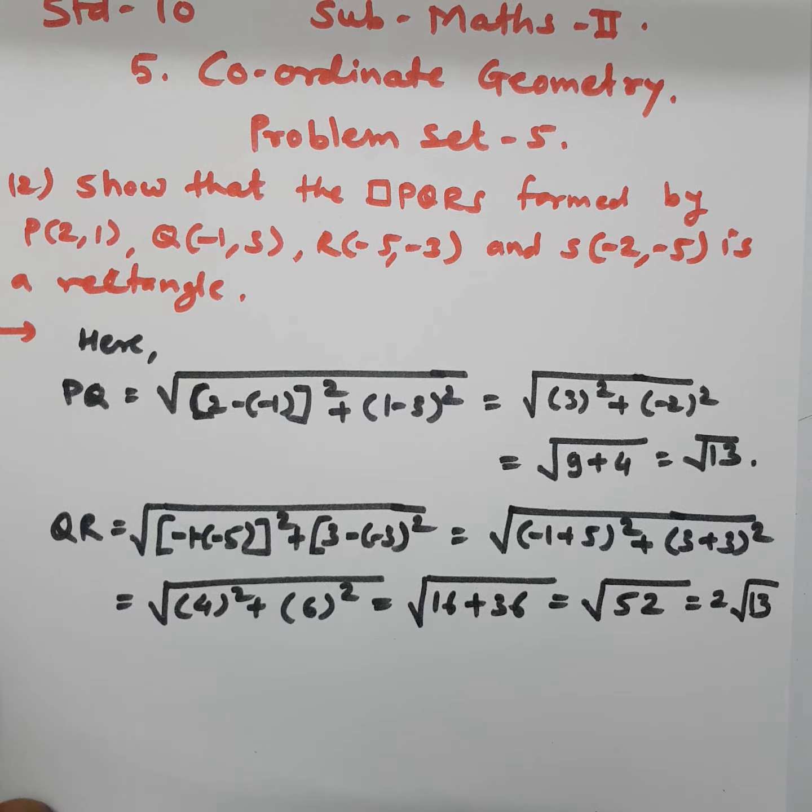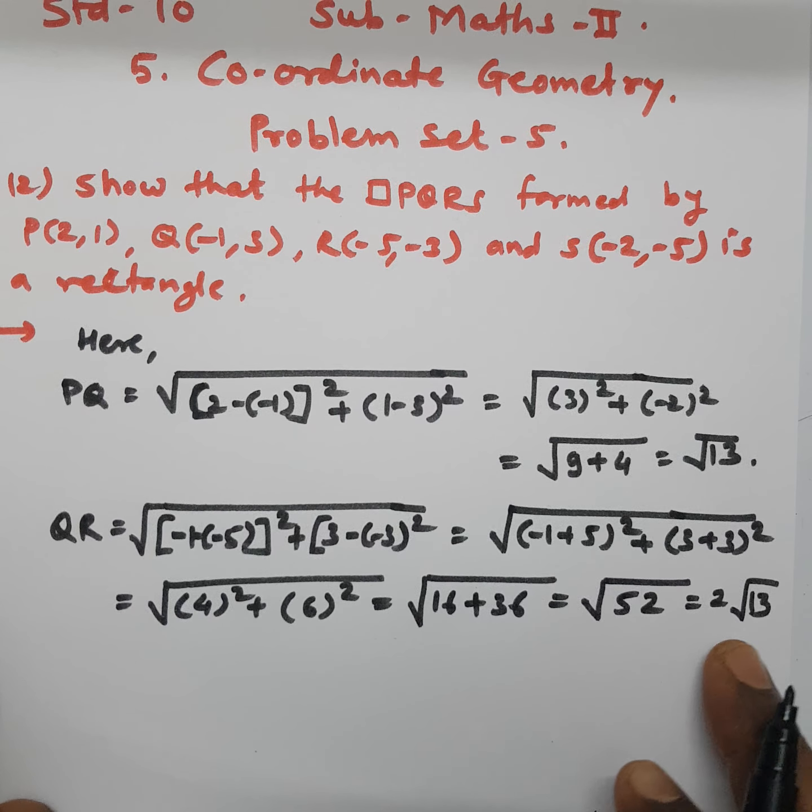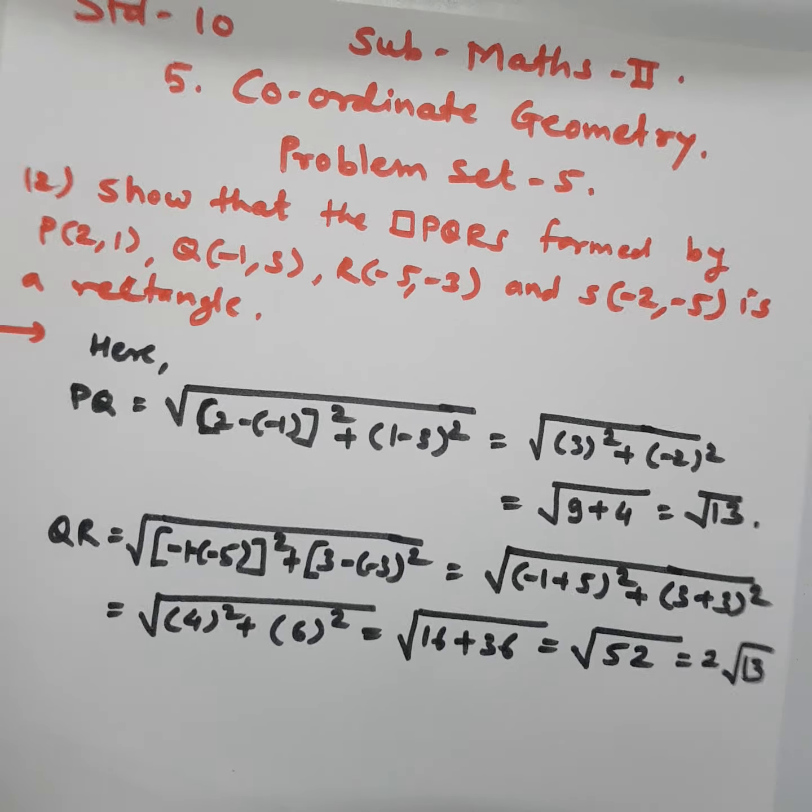Factors of 52 will be 4 into 13. Square root of 4 is 2. Therefore, the value will be 2 root 13.